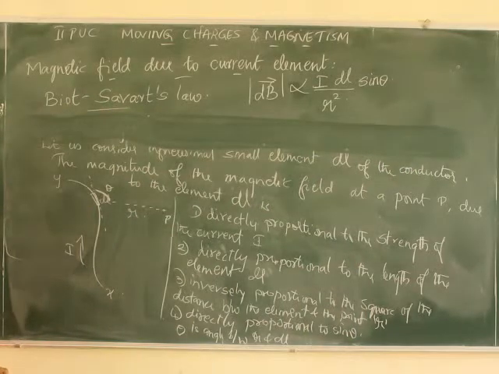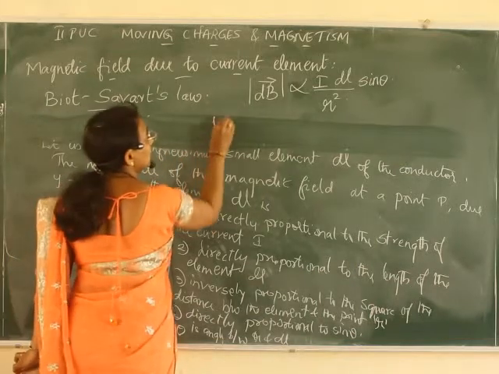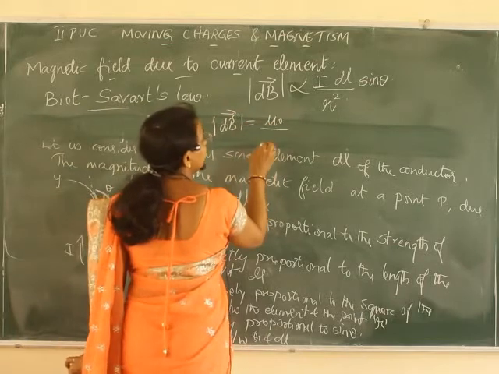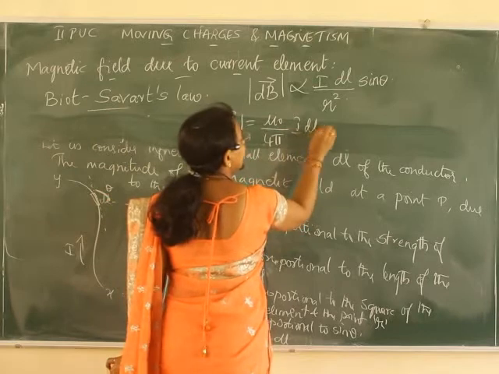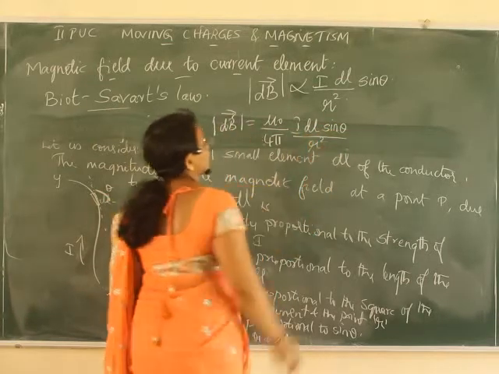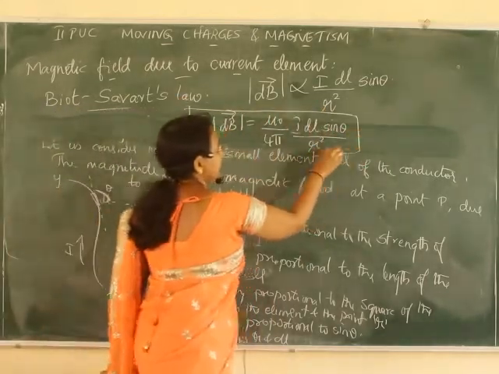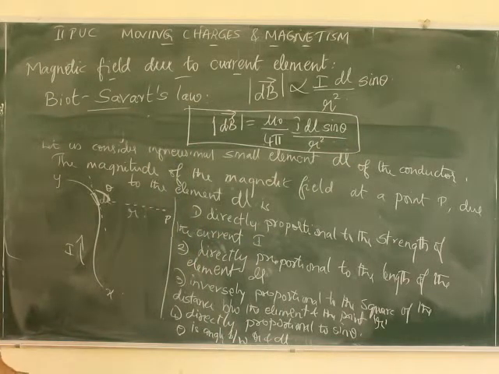Mu naught by 4 pi. So dB equals mu naught divided by 4 pi, I dl sine theta divided by r square. This is the expression for the Biot-Savart's law. Understood?